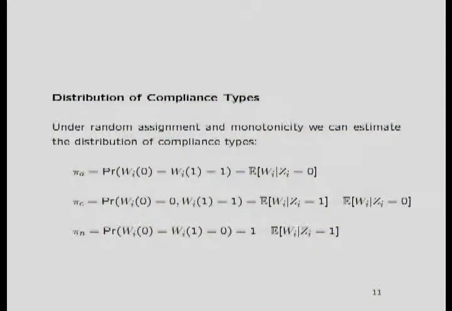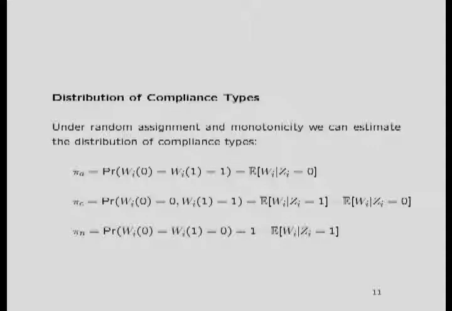The second implication, a slightly more subtle one, is that given this monotonicity assumption, we can estimate the population proportions of each type. Here we use the random assignment assumption as well.